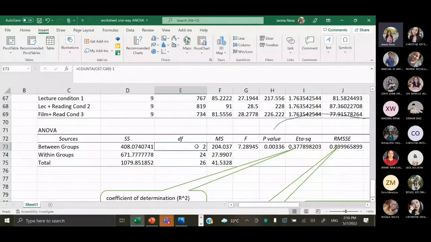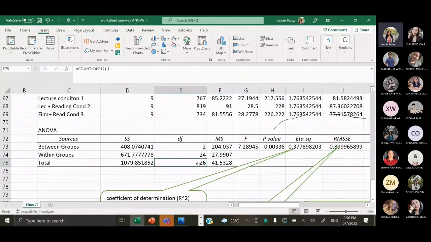If you divide the sum of squares by the degree of freedom, so 408.07 divided by 2, you will get the mean square. MS means mean square. Then you will get 204.037. Now, if you divide 671.77 by 24, then you get 27.99.